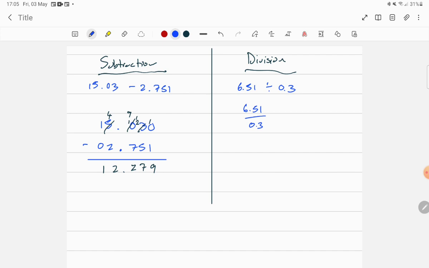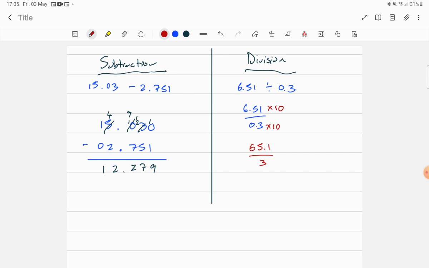And thereafter, what we do is very similar to multiplying decimals, but here we need to get rid of at least the bottom one. So here we times this by 10, and whatever you do to the numerator or denominator, you do the same. So then we're left with 65.1 divided by 3.